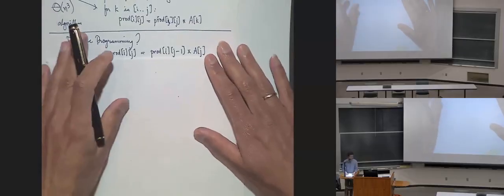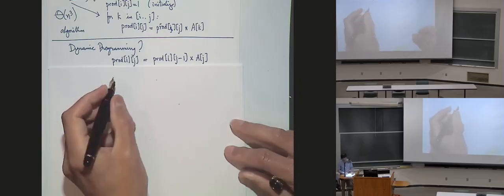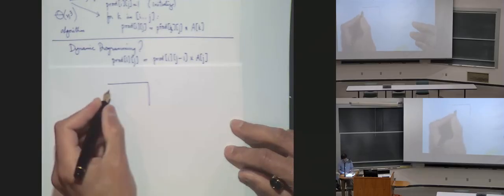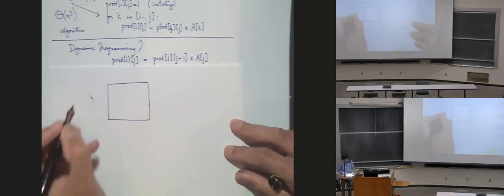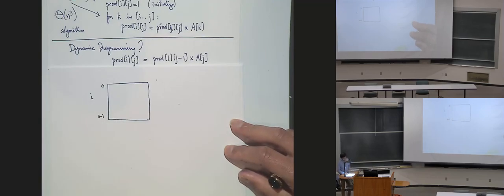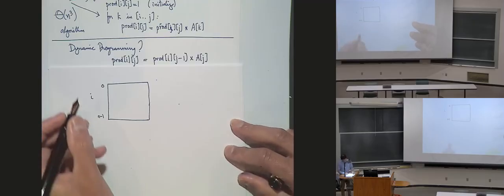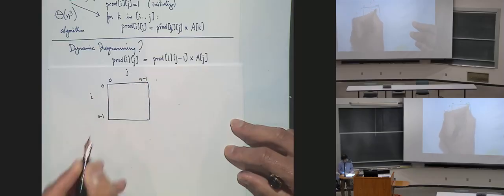So I'm going to draw this out basically as a picture, and I might not write out the pseudocode, but hopefully this picture should make it clear. So when you have these entries, I'm thinking of i going from 0 to n minus 1, and I'm thinking of j going from 0 to n minus 1.